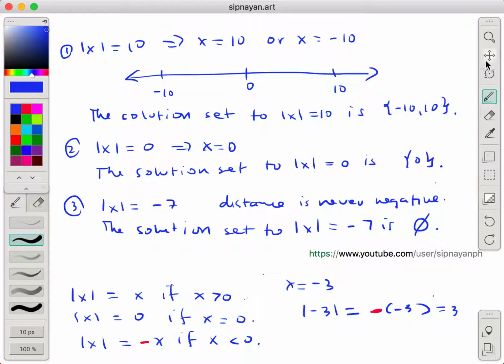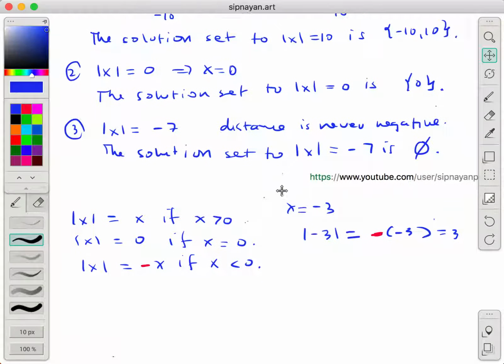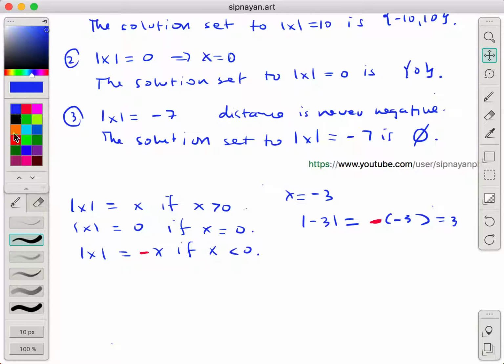Pag nag-higher math na kayo, usually nga nilalagay nila yan sa piecewise notation. So ginaganyan nila yan, it's x if x is greater than 0, 0 if x is equal to 0, and negative x if x is less than 0.